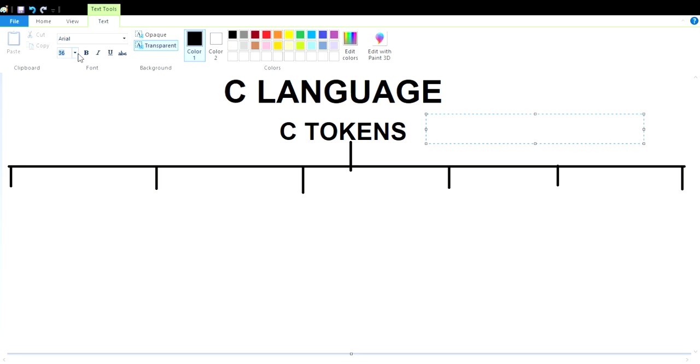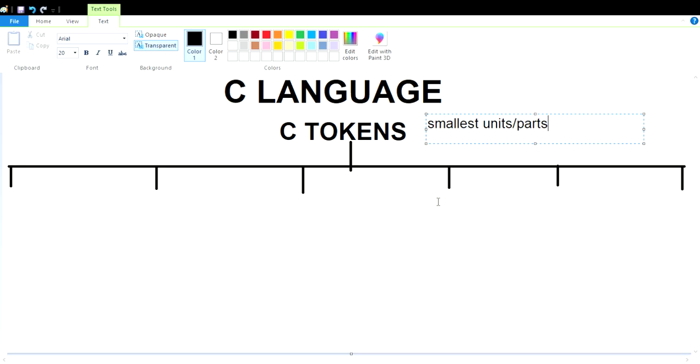C tokens are nothing but the smallest units or parts in C language. Tokens can be considered as units or parts. These units or parts combined are what frame the C language.